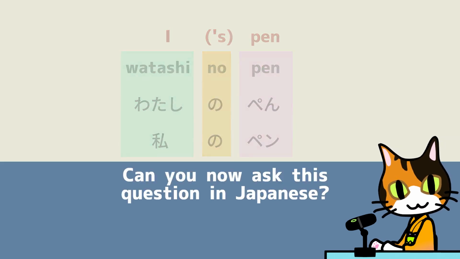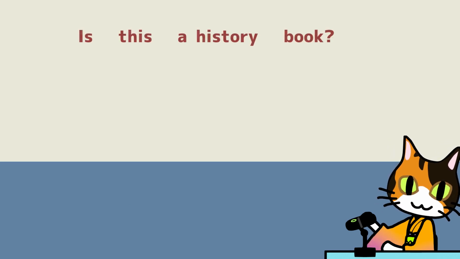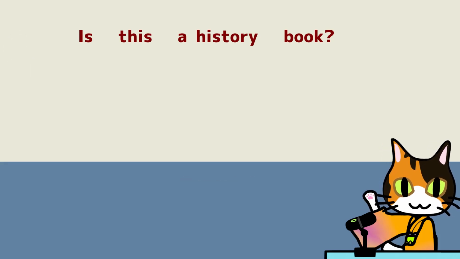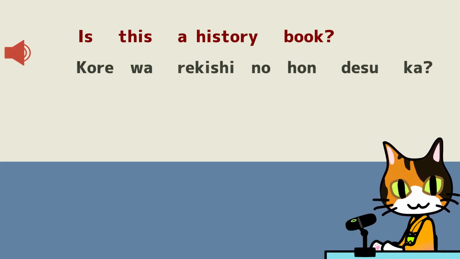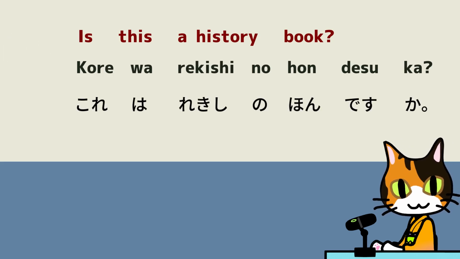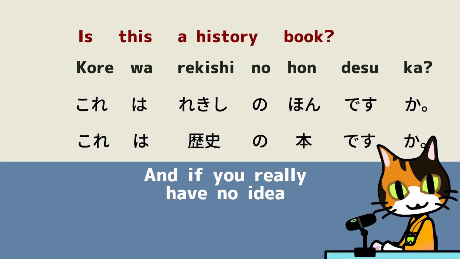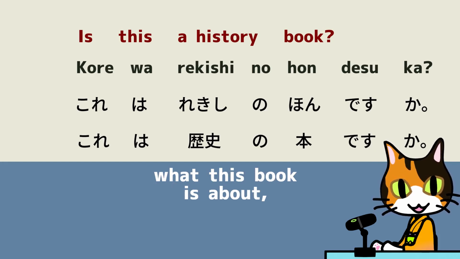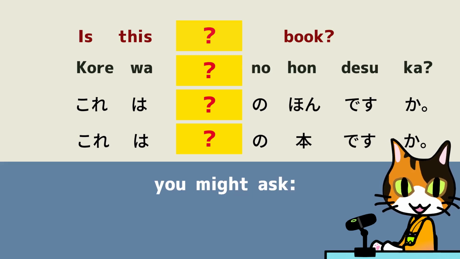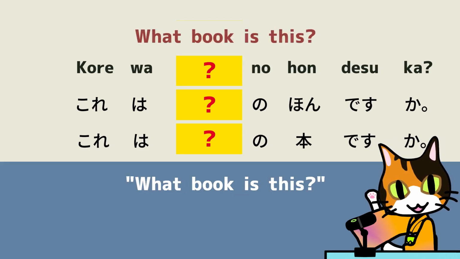Can you now ask this question in Japanese? Is this a history book? Superb. これは歴史の本ですか? Wonderful. And if you really have no idea what this book is about, and the word history doesn't even come to mind, you might ask, what book is this?